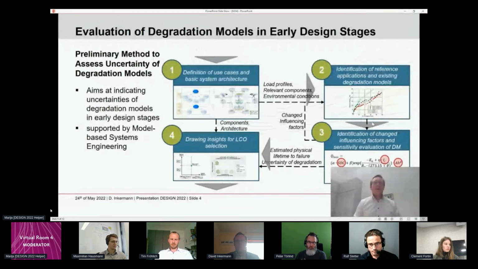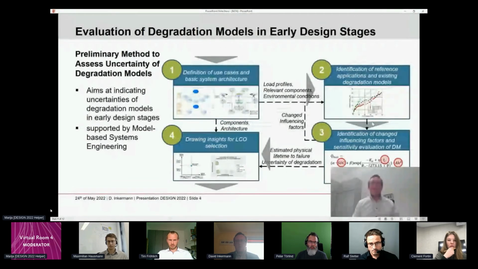This method is supported by model-based systems engineering and starts with the definition of basic use cases, but also basic system architecture, where we on the one hand define the relevant use cases within the use phase of the product, and on the other hand define which components have to be used within the system architecture, including their functional interaction.